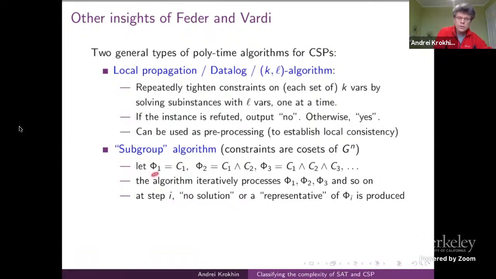You start with the first constraint, C1, then you add the second constraint, C2, and so on. And the algorithm processes those instances iteratively. And at each step, either the algorithm reports no solution, or it produces a representative for phi_i, which is used in step i+1.